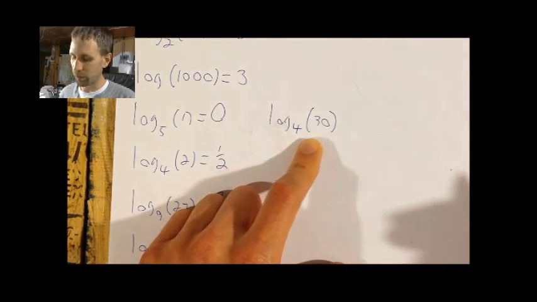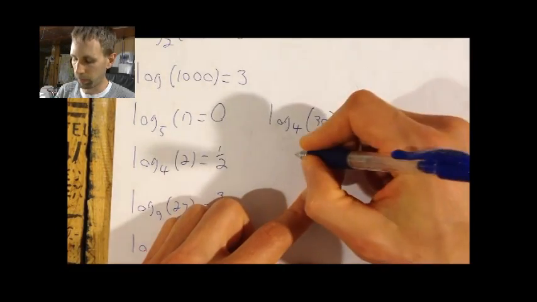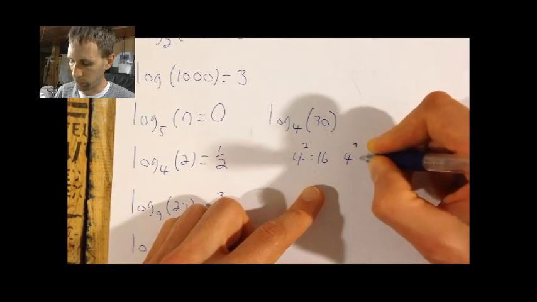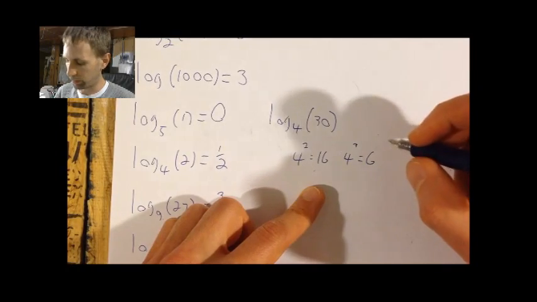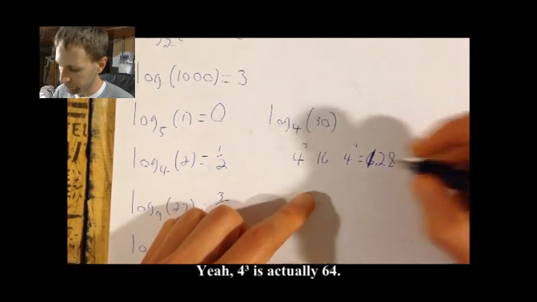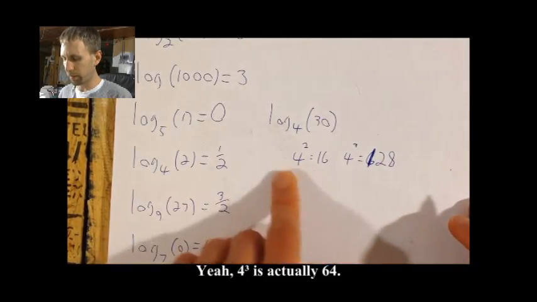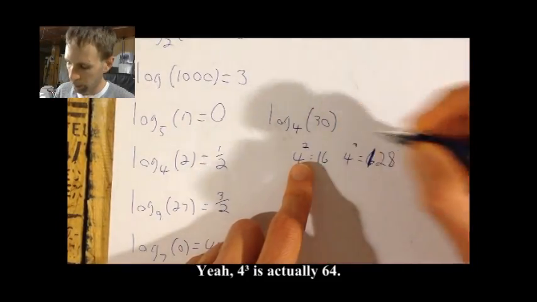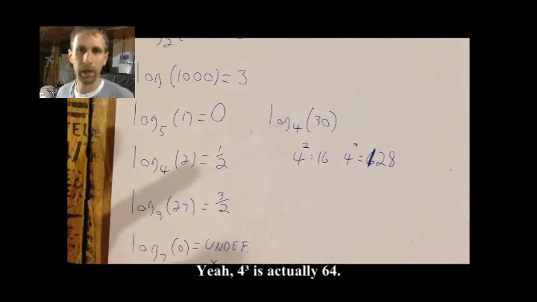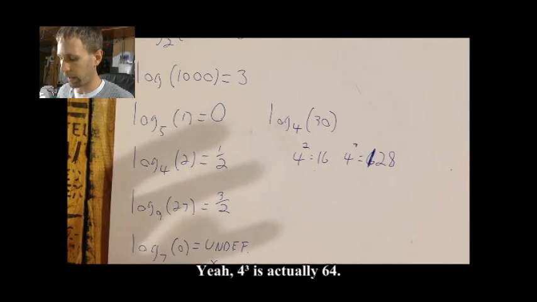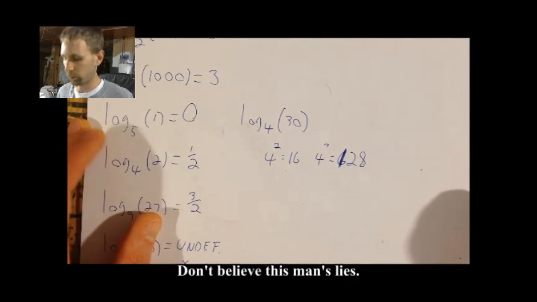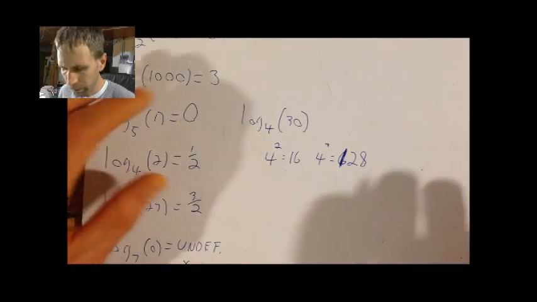The answer is going to be somewhere between 2 and 3, because 4 squared is 16, and 4 cubed is 64. We have to rely on our calculators to figure these out, but the important part is understanding what they mean.